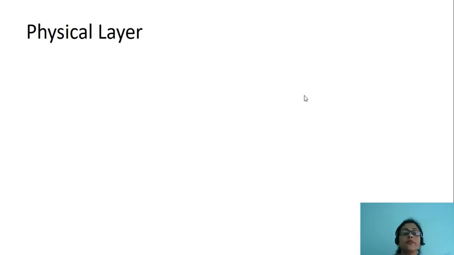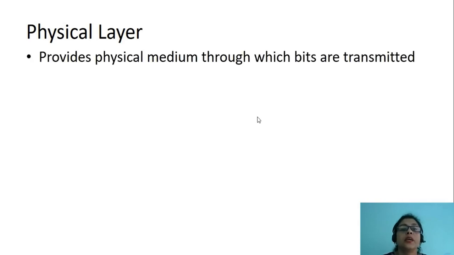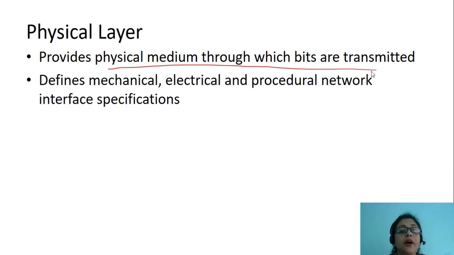Next we go to the physical layer. Physical layer is the lowest layer of the OSI model. We can also call it layer 1 of the OSI model, and it is closer to the physical medium or transmission medium through which data moves. Basically, it provides a physical media through which the bits are transmitted. So it defines the mechanical, electrical, and procedural network interface specifications.